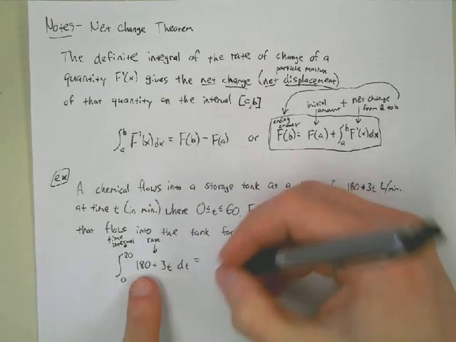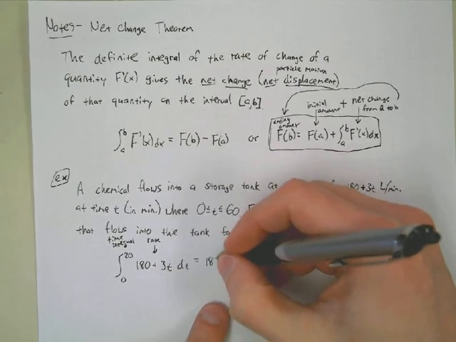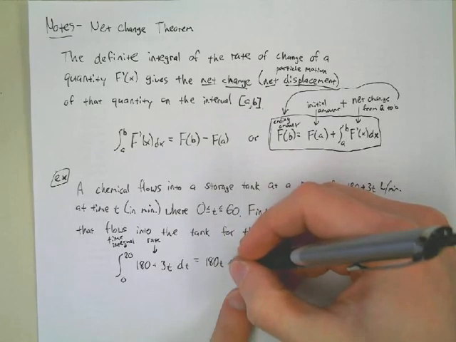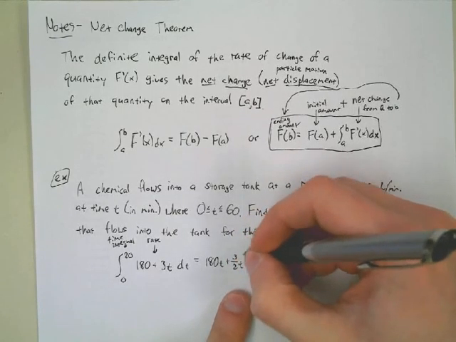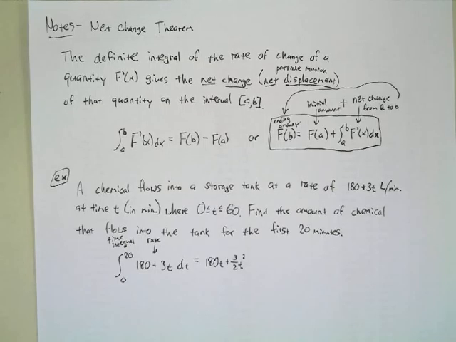Question, yeah? Couldn't you also figure out the initial amount if you took the antiderivative of 180 plus 3t, because if that's liters per minute, wouldn't the antiderivative just give us liters? I'm thinking like position, velocity, acceleration. If you integrate that, it would be liters per minute, the water coming in at that point.